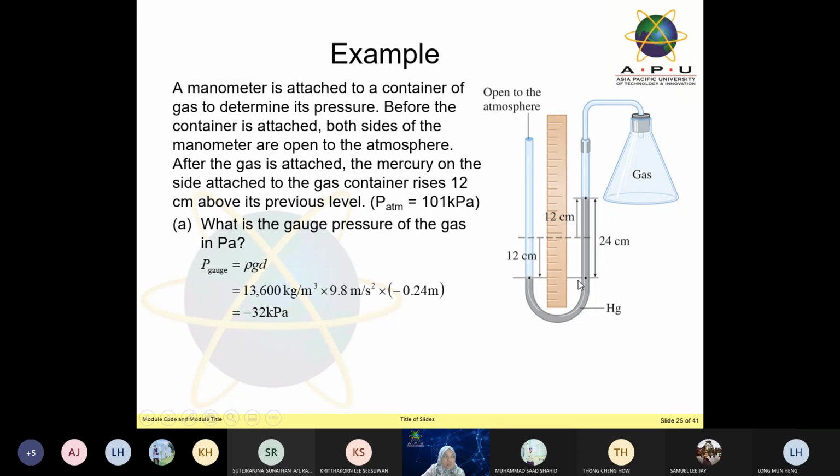So the previous level should be equal. So miss, we use 24 because we're just finding the pressure, right?